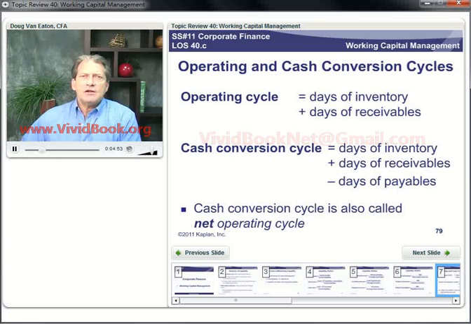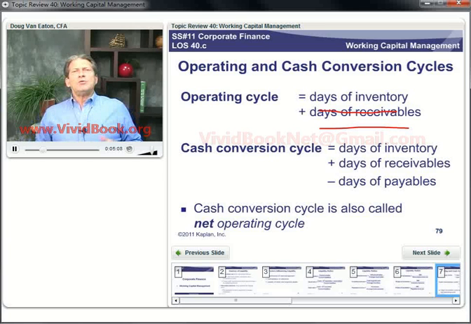Now let's talk about our operating and cash conversion cycles. Our operating cycle is number of days that things spend in inventory on average, plus the number of days of receivables. Now remember, if we're a manufacturer, raw materials hit inventory as raw materials.